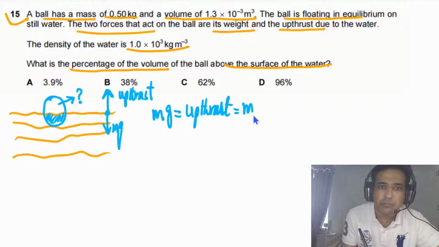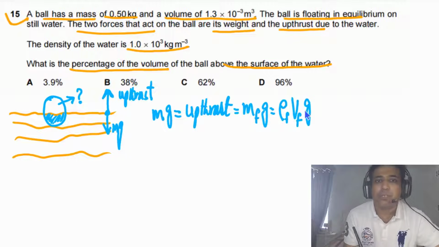So we can say this is mass of fluid displaced times g, and mass of fluid displaced is equal to density of the fluid times volume of fluid displaced times g.